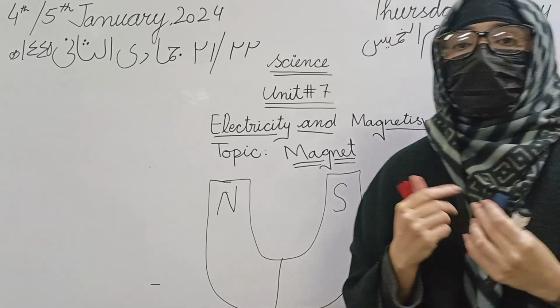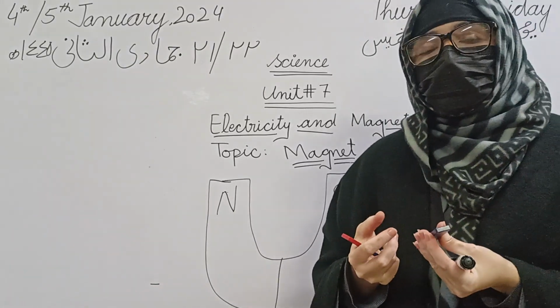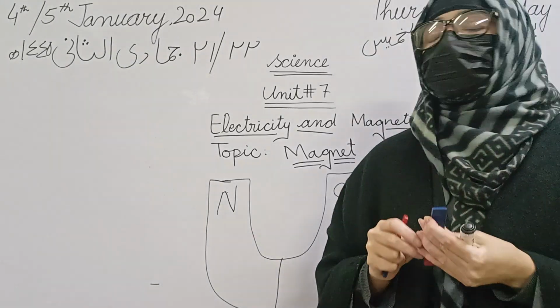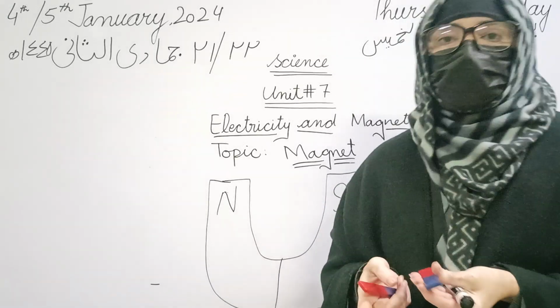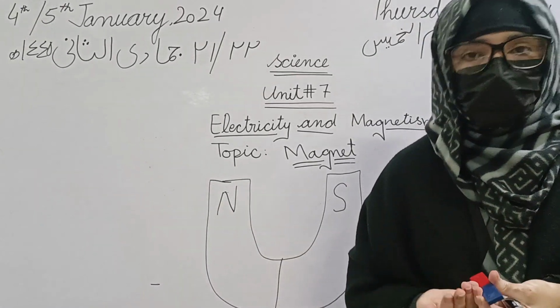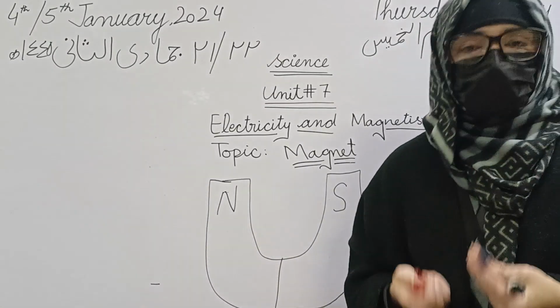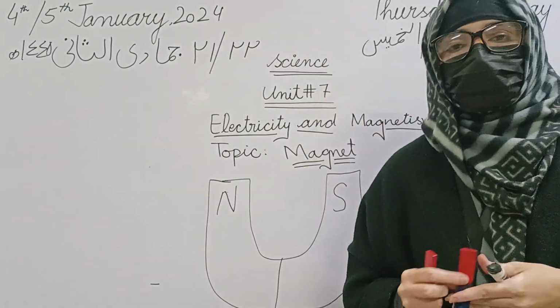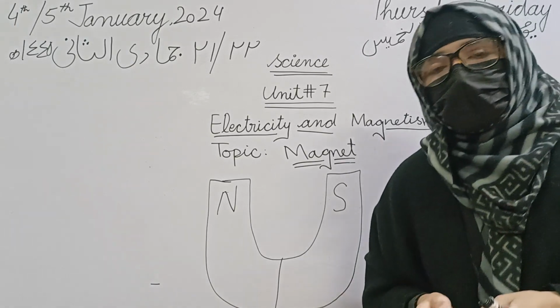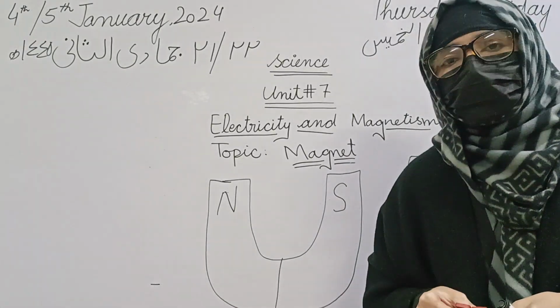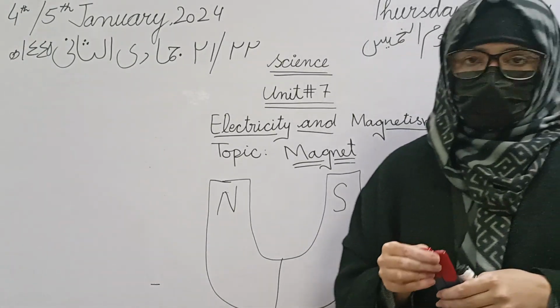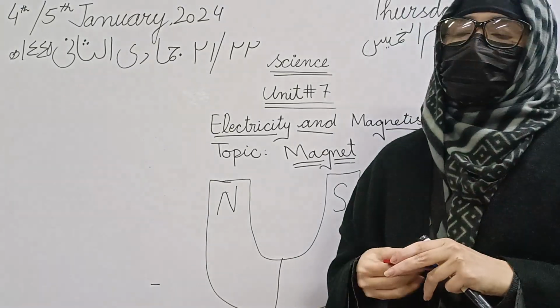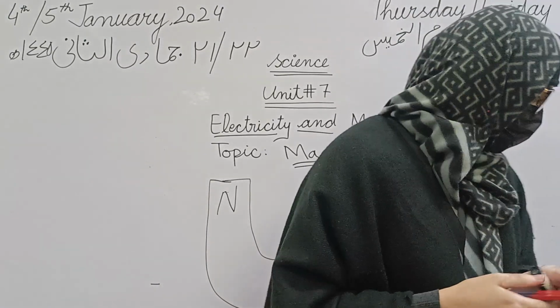Today we will feel that force, because we cannot see the force, but we can see the results of the force. So today we will do an experiment with magnets to feel that force. Understand? That force is called the force of attraction. I hope you are enjoying the topic.